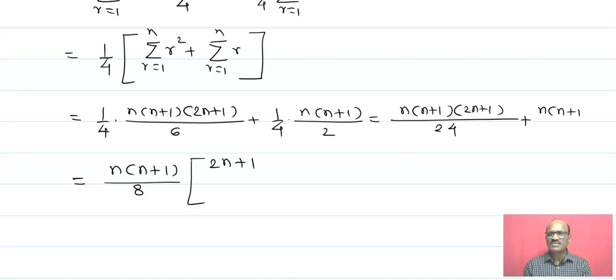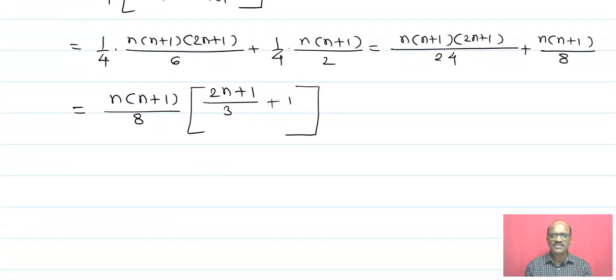And the next is, I am again writing by performing their LCM, that is n into n plus 1 into 2n plus 1 upon 24 plus n into n plus 1 upon 8, n into n plus 1 upon 8, and in bracket we will get 2n plus 1 upon 3 plus 1, bracket complete.